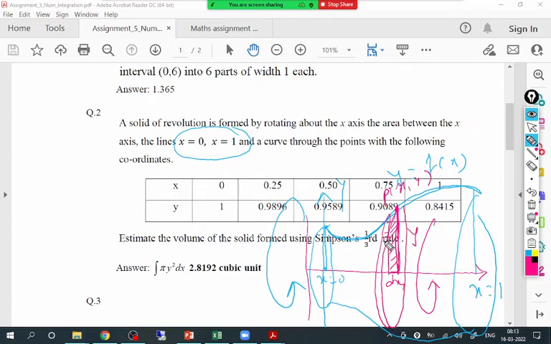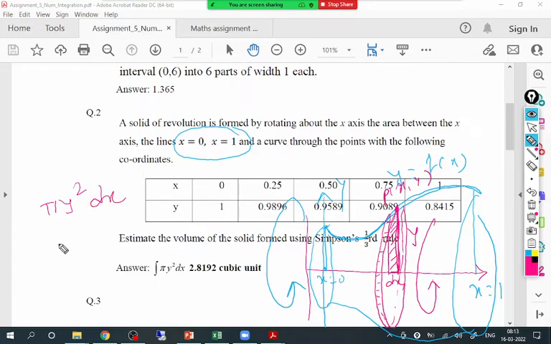So that will be a circular disk. And if we see the volume of that disk, first of all, y is the radius of the disk. So pi y square is the cross-section surface area, into the height of the disk, which is dx. So pi y square dx is the volume of that disk.